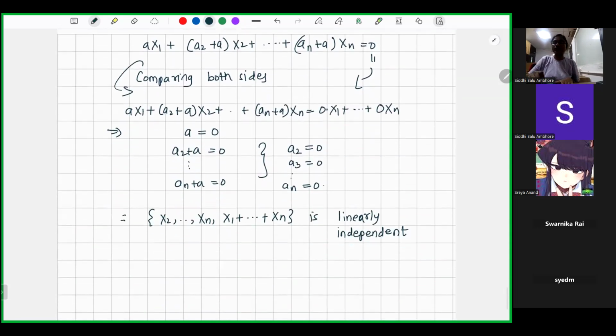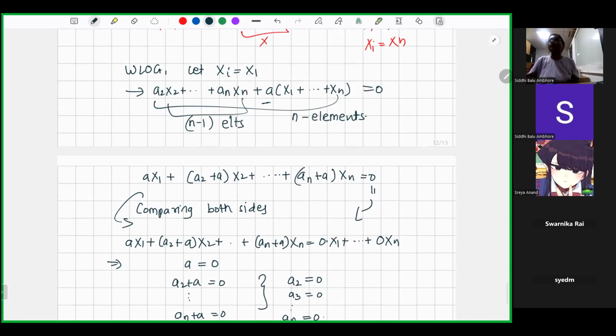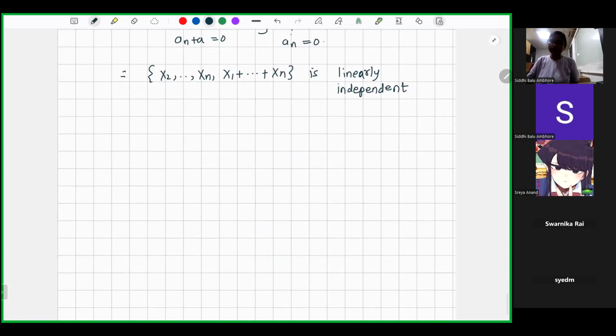This was a general expression for any linear combination of these n vectors.